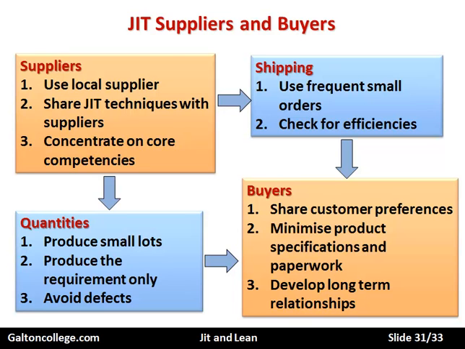And between the suppliers and the buyers, build trust, because the whole idea of JIT and lean production is based on trust between one company and the next, between one company and its suppliers. There must be trust. They must believe that the supplier will deliver exactly on time when required, and they will deliver good quality product according to the order specifications.